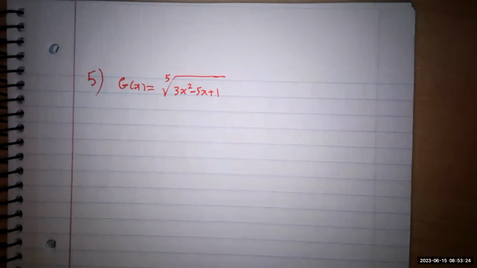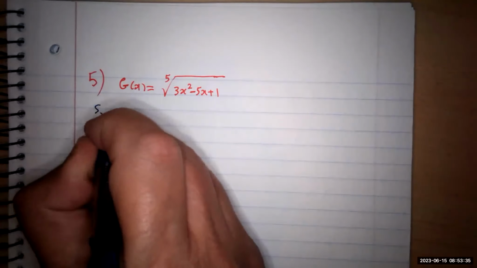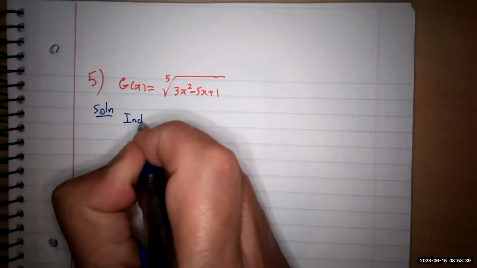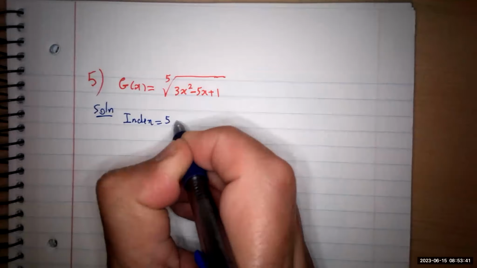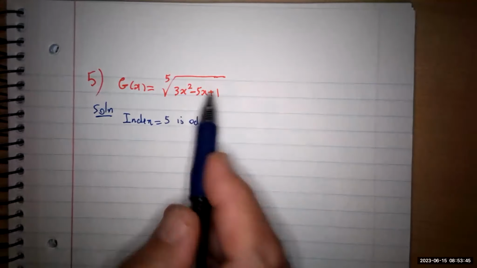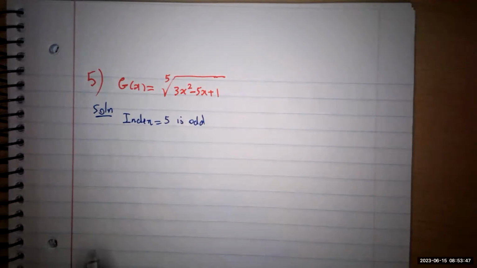So when the index is odd, we are not going to worry. You have to worry when the index is even. So simply, this is how we're going to answer this one. Solution: you're going to mention that the index 5 is odd. That's it. When 5 is odd, you look inside. Inside is a polynomial, it's continuous everywhere.